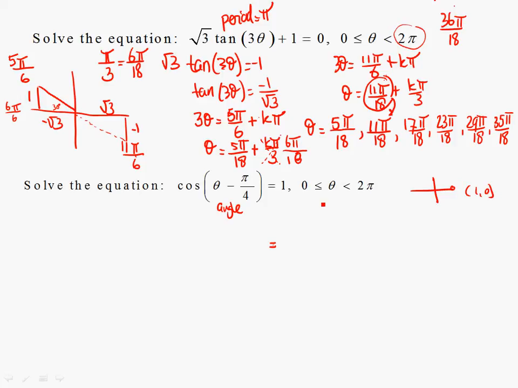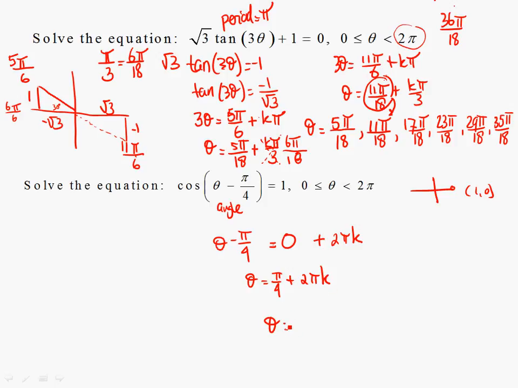And at 2 pi again. And so if 0 is included and 2 pi is not, this one only has one answer. It's at 0. So that means that theta minus pi over 4 is 0 plus 2 pi times k. So theta is just equal to pi over 4 plus 2 pi times k.